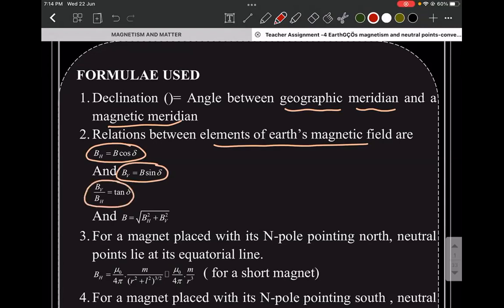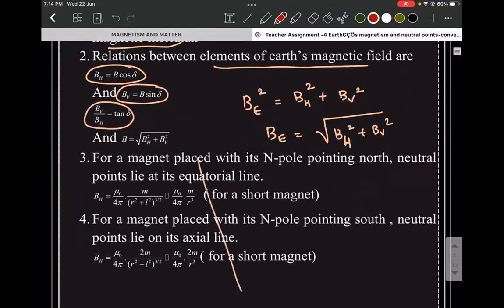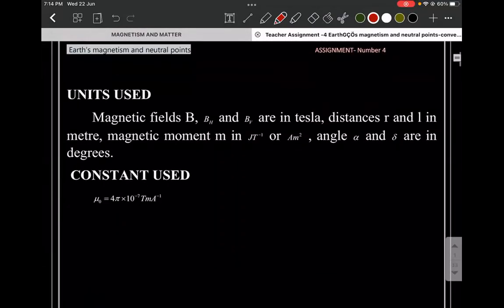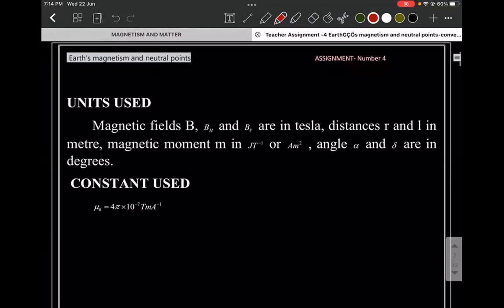BV by BH is equal to tan delta. Another important thing is I can write BE squared is equal to BH squared plus BV squared. That's it. Now, having said this, let's try out a problem.